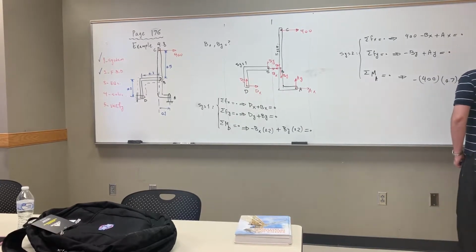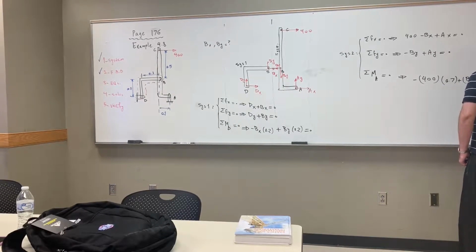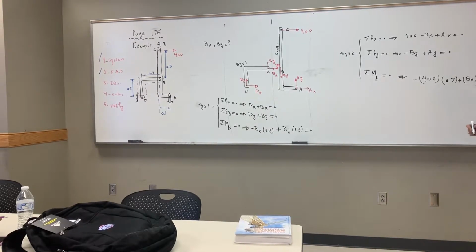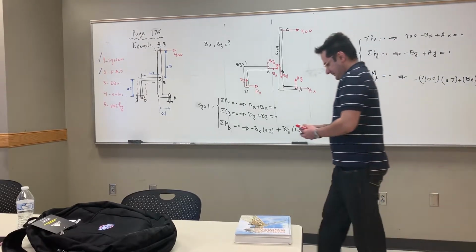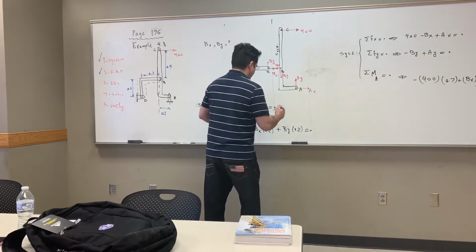Positive, and then you go By times 0.2. By times 0.1. Positive or negative? What else? That's it. 0. Now, here comes the interesting point.